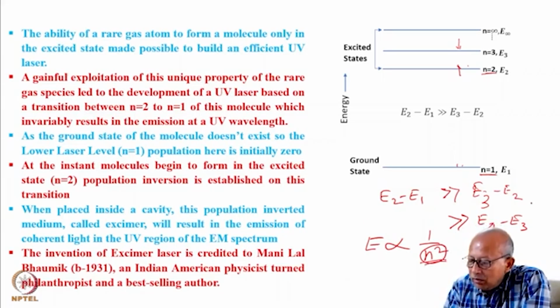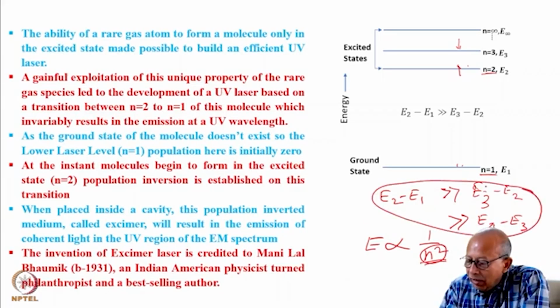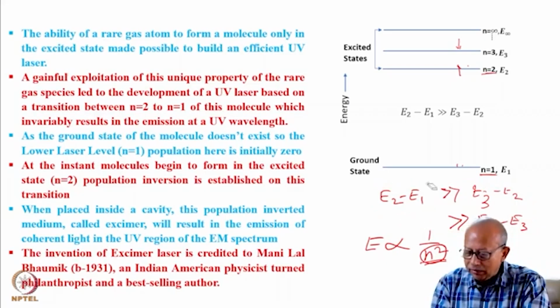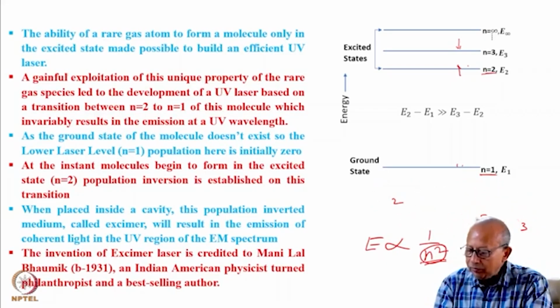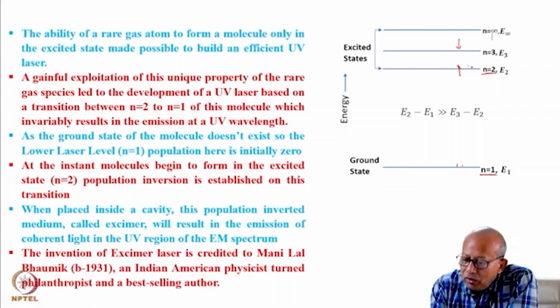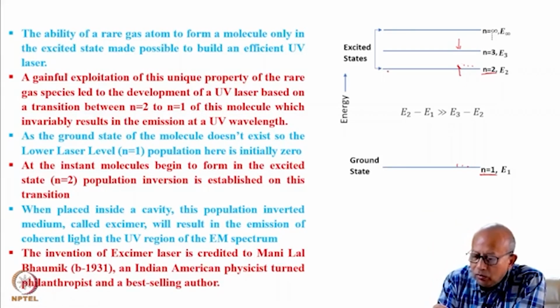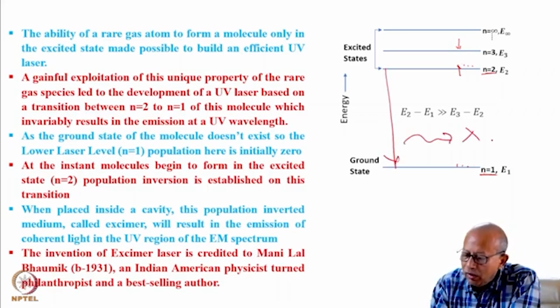Because this happens, what is the result? The large difference of energy between n equal to 1 and n equal to 2, this transition can give you a lambda which can be very short.